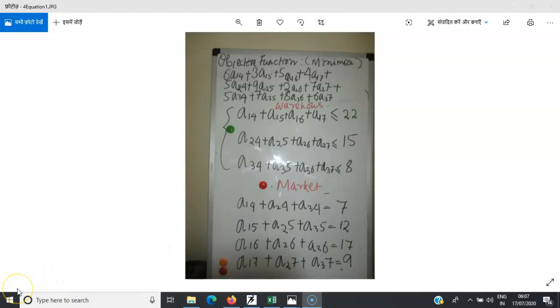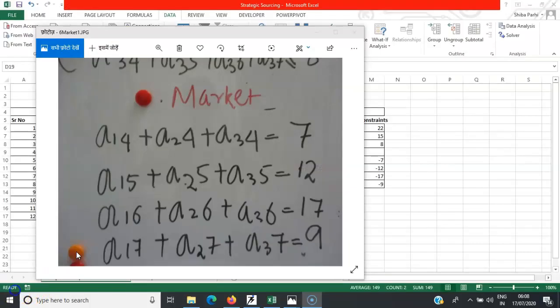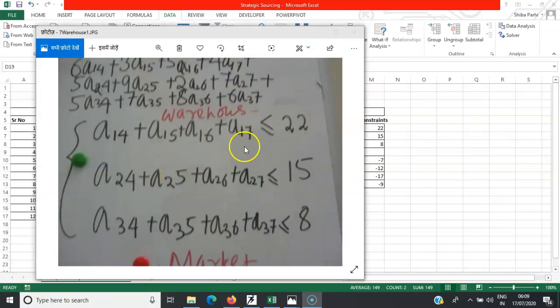So let us solve this problem. This is the objective function for this problem. These are the market constraints, the amount we require for the four different markets, with the equations for those four markets from the three different warehouses. And these are the warehouse constraints, the quantity that the different warehouses can supply: 22, 15, 8 from warehouse 1, warehouse 2, and warehouse 3.